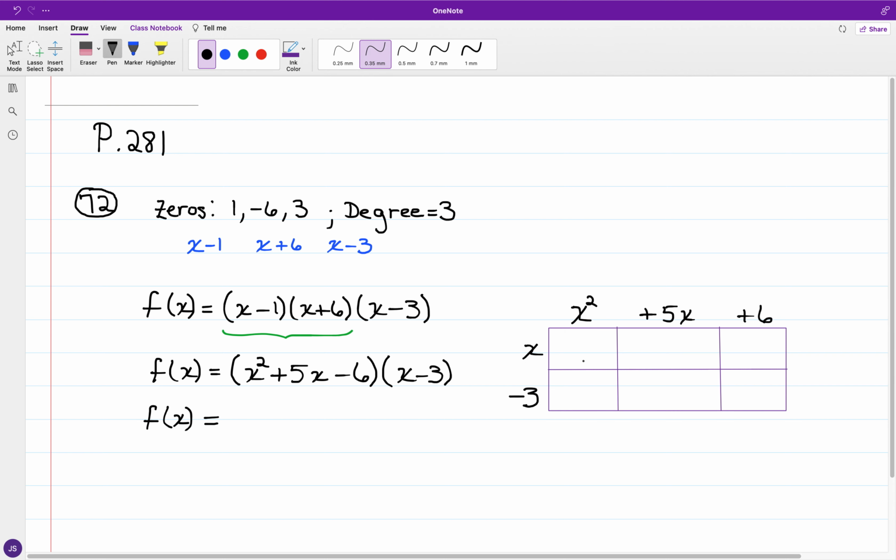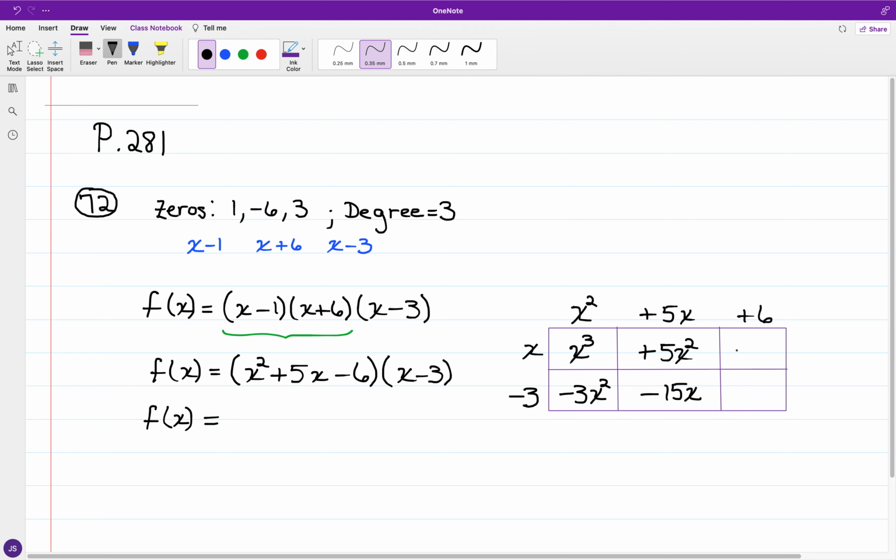Filling in the corresponding products: x squared times x gives x cubed, and x squared times negative 3 gives negative 3x squared. For the second column, 5x times x will be 5x squared, and 5x times negative 3 will be negative 15x.